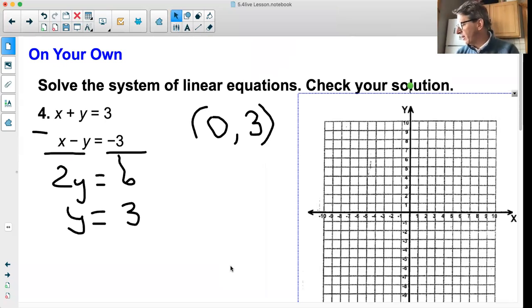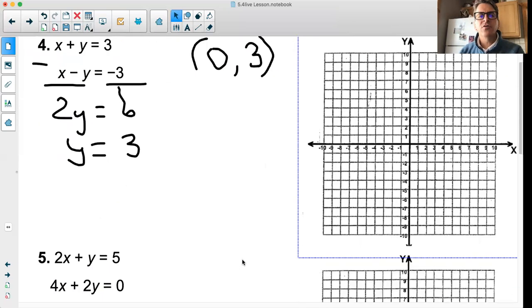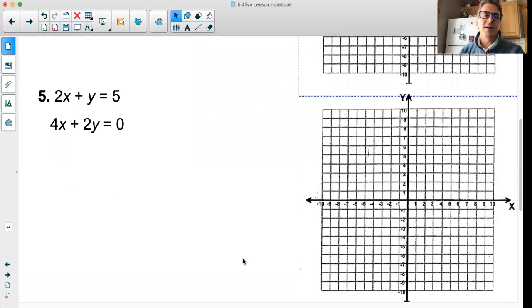Number 5, 2x plus y is equal to 5, 4x plus 2y equals 0. Okay, so again, this section is on special answers. And, you know, you're not going to be told that this is going to be either A or B. You're just told to solve it. Okay, so if I look at this, I got 2 and a 4, 1 and a 2, 5 and a 0.